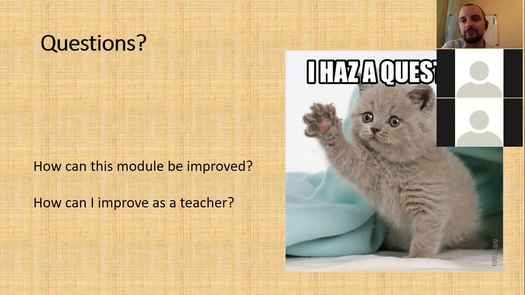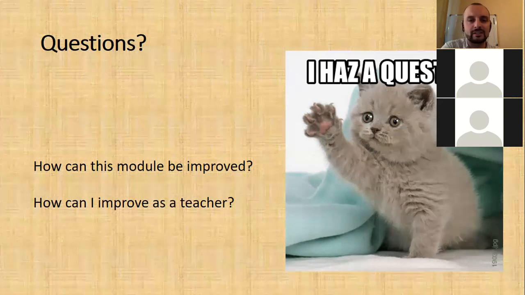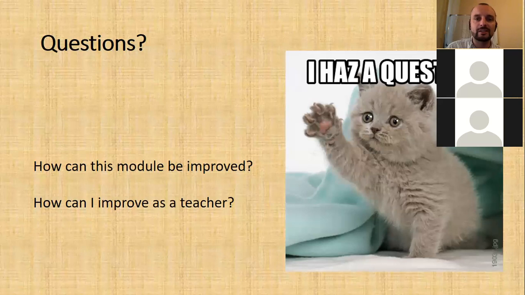Just give me criticism and please let me know, because I want to improve as a teacher. I'll be teaching you for other modules. So if there's anything that's been good in this module and how I've taught it, let me know. If there's been things that have been bad, please let me know that too. So I'm going to shut the sharing now. Are there any questions at this stage?